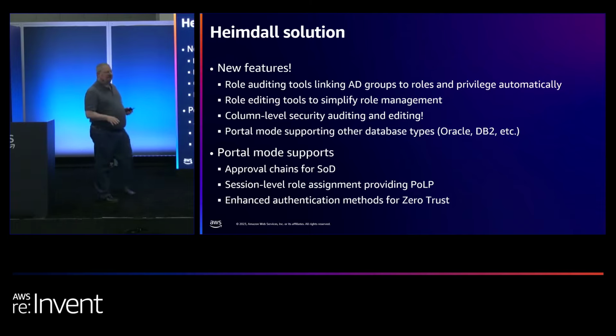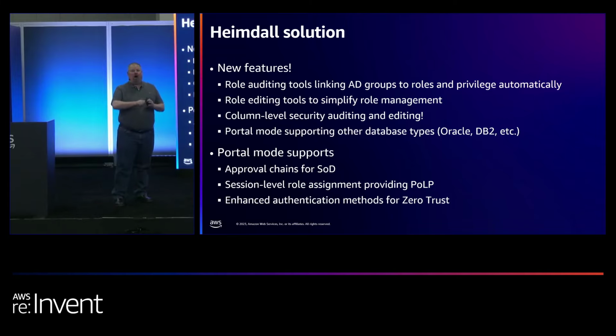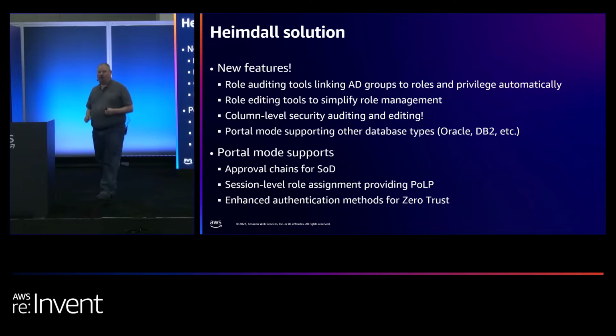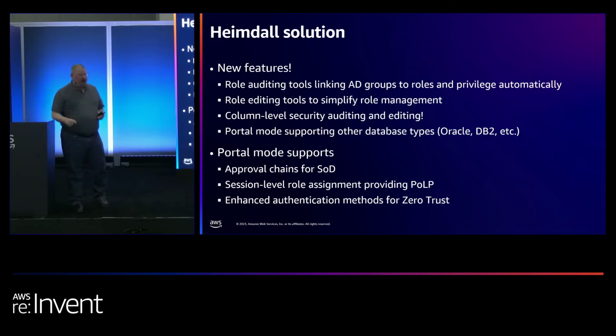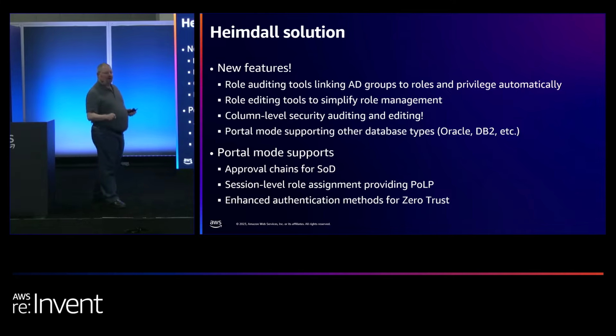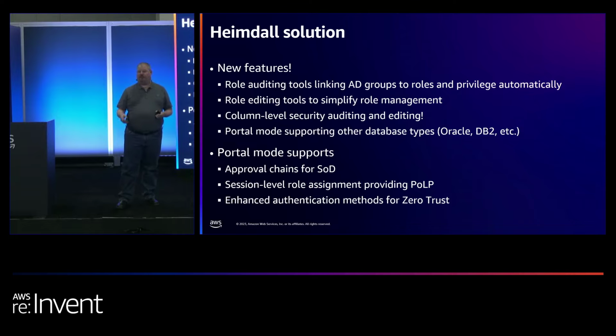The approval chains for segregation of duty will allow you to say, if someone goes in as a super user, then these are the people that are required to sign off on it. There are functions, for example, break glass, that can be enabled.